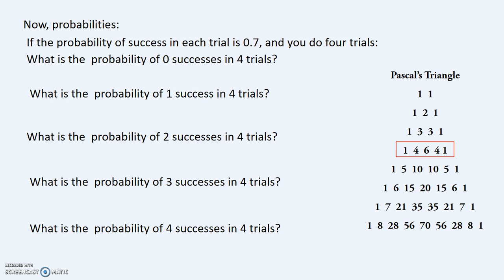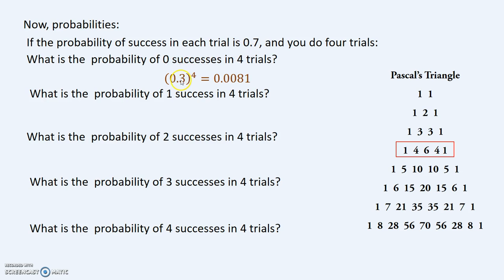Okay, now, next step, what if the probability of success for each trial is 0.7? What's the probability of 0 successes in 4 trials? Well, we're going to go 0.3 to the power 4. Now 0.3, because that's 1 minus 0.7.